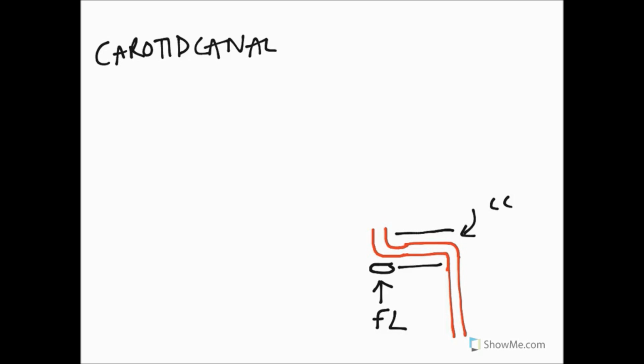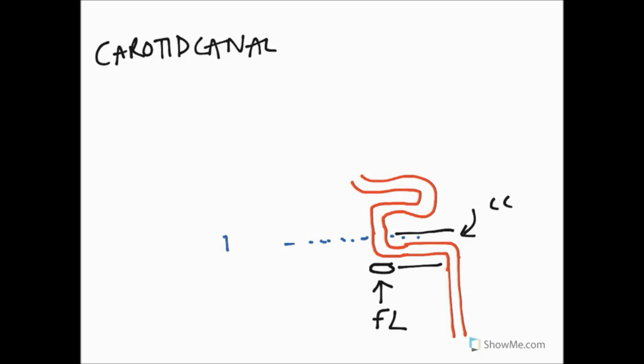So immediately upon entering into the skull, the internal carotid artery takes a number of twists and turns which are very characteristic as seen on an arteriogram. It goes something a bit like this, and this is known as the carotid siphon. So here we can draw a line that represents its entry into the skull.